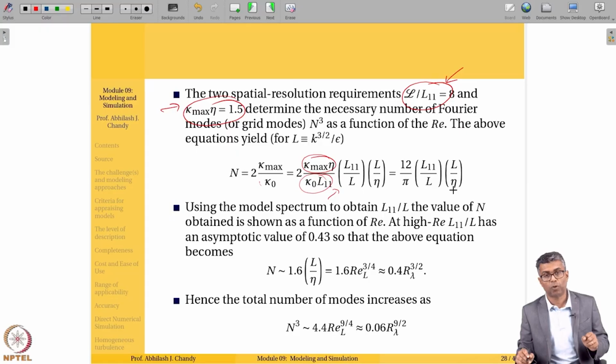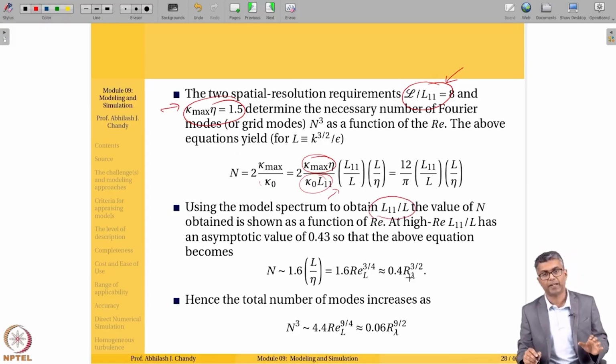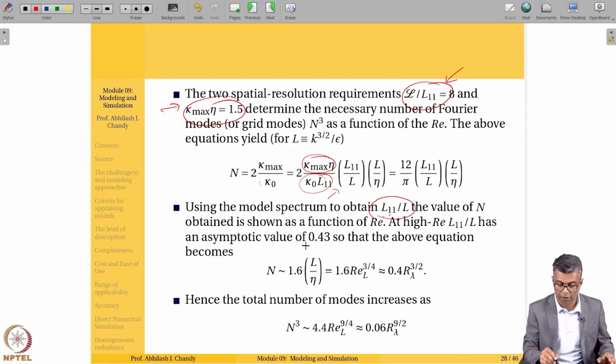So using the model spectrum to determine L11 over L, the value of n is obtained as a function of Reynolds number. At high Reynolds number, L11 over L has an asymptotic value of 0.43. So in the above equation, n is approximately equal to 1.6 times L over eta, because you plug in 0.43.